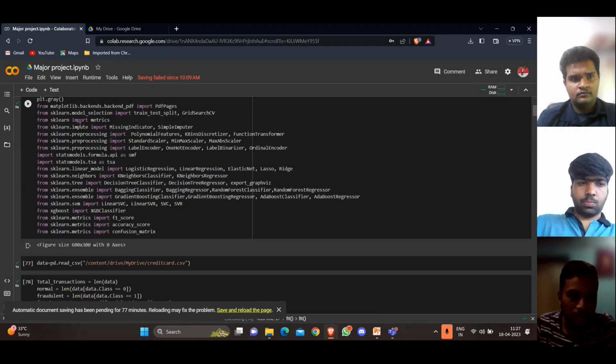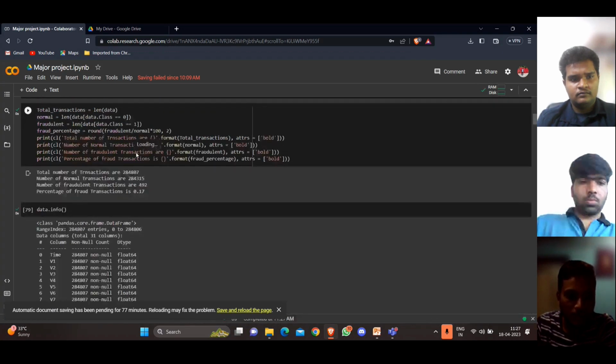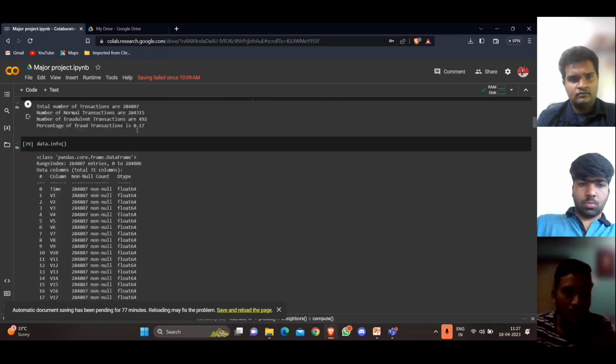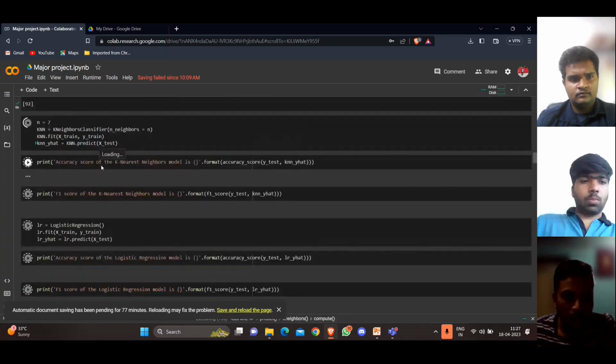You can see this is our project, and it's running. After that, it's going to give us the output in the form of a confusion matrix, which will show the fraudulent transactions and the normal transactions in the graphs. It will take some time because of the internet activity.